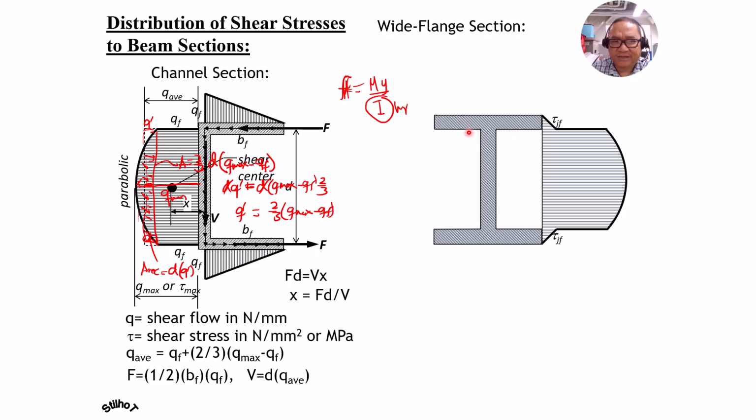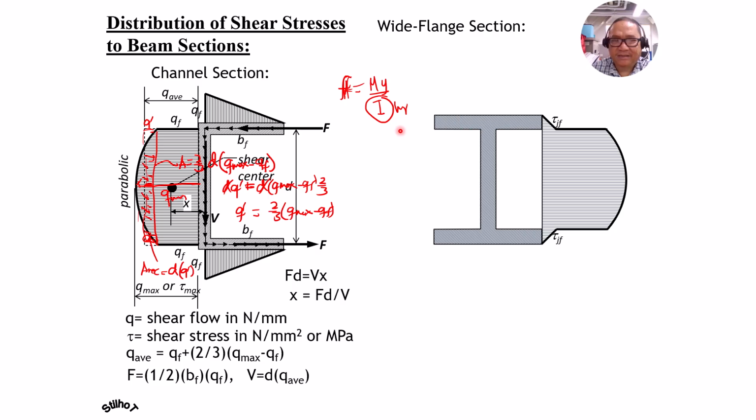These are the designations. We call this tau JF at the junction between the web and the flange, but remember that the width of the flange is used as B in the formula VQ over IB. That B there is the B of the flange, so that's why it's lesser.